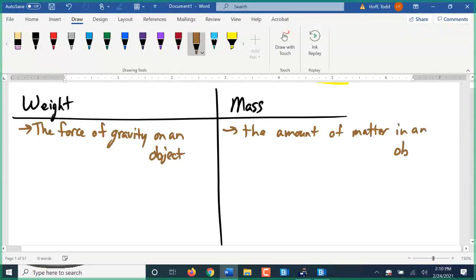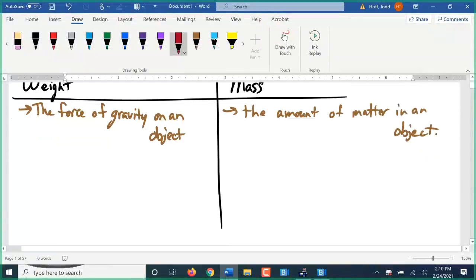Matter is material, the amount of atoms, the amount of stuff that's in that object. Big difference between them is how they're measured. Weight is measured using force, while force is measured using a spring.